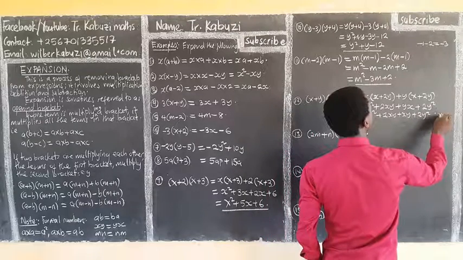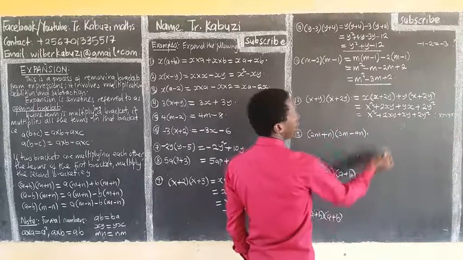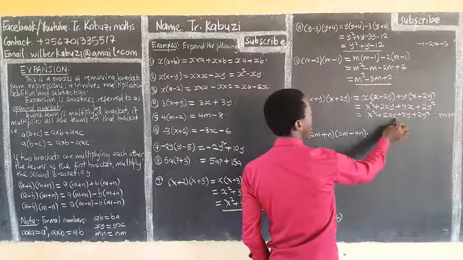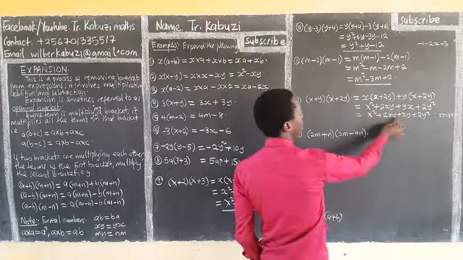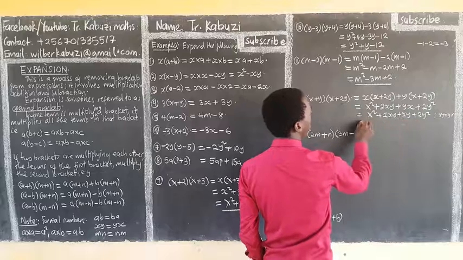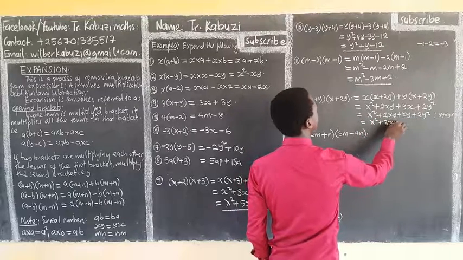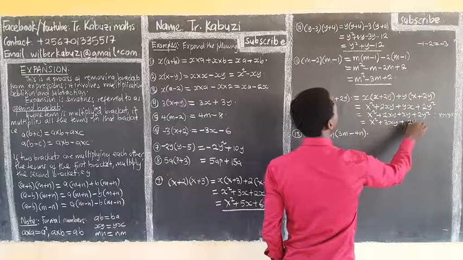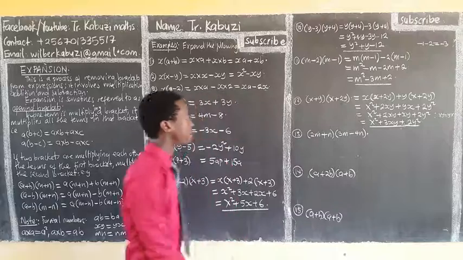I'm saying xy is the same as yx. From there, you start with 2xy plus, remember this one has coefficient 1. So 2xy plus 1xy, we get 3xy. So x squared plus 3xy plus 2y squared, and that becomes our answer.